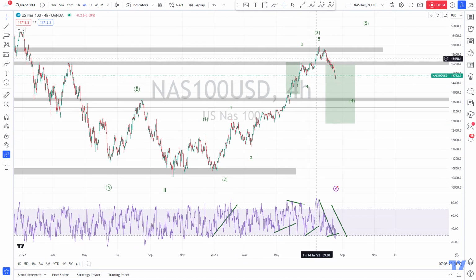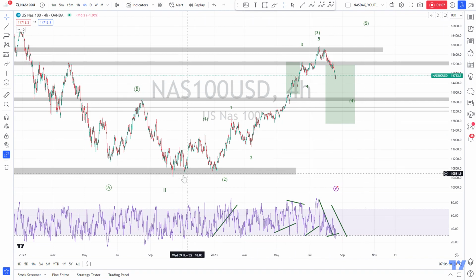So now the key for the NASDAQ is that we are here in this zone where a wave 4 is supposed to end. On the one hand, it could be that we have a 1, 2, 3, 4, 5, as it is shown now in green.